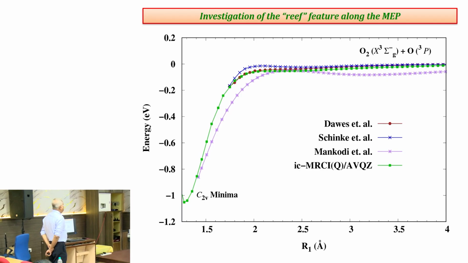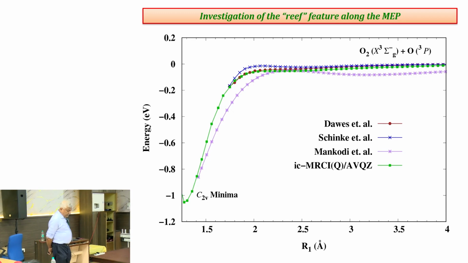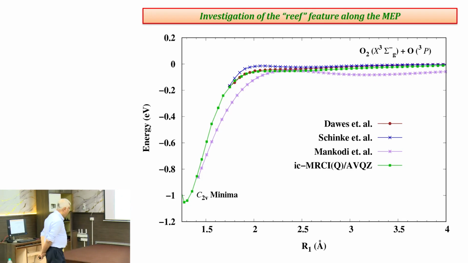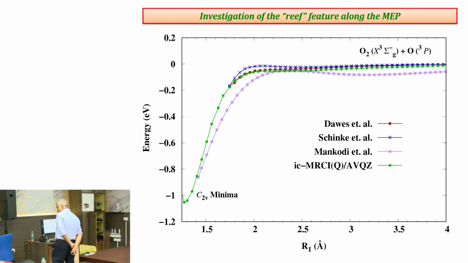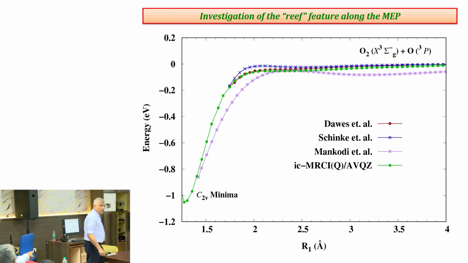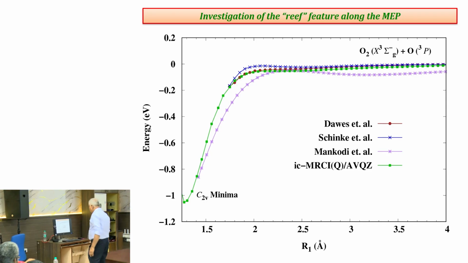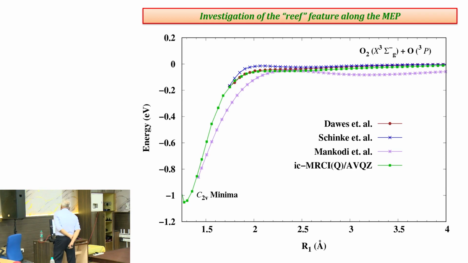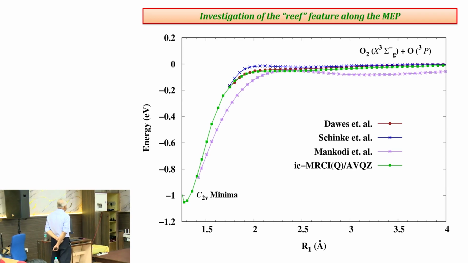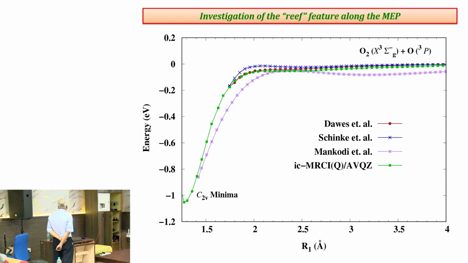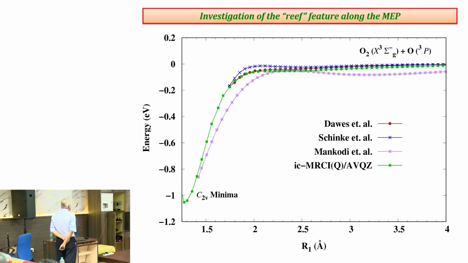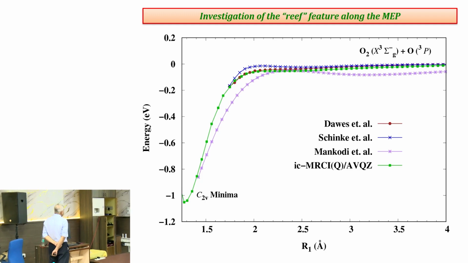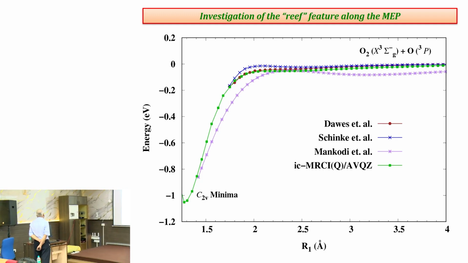So the way out is that while calculating the MRCI calculation, first you have to do a 7-state singlet CASSCF calculation.